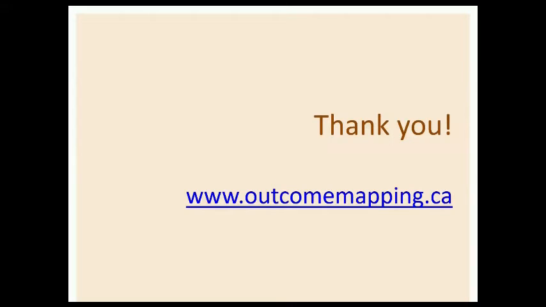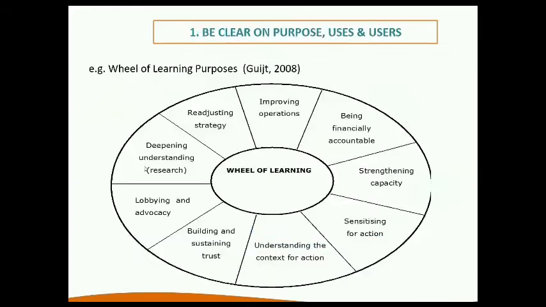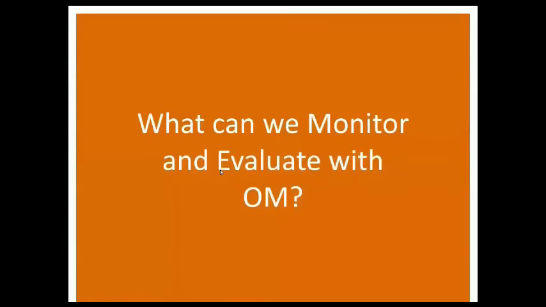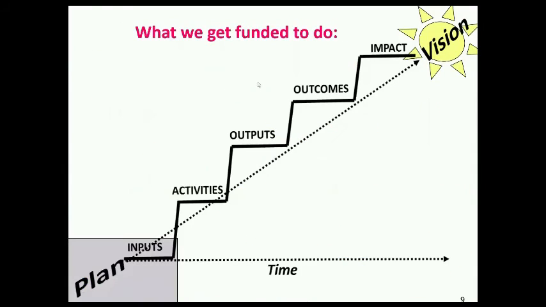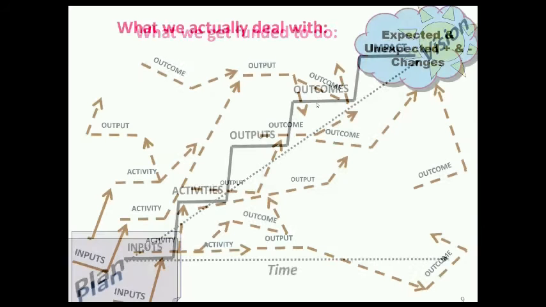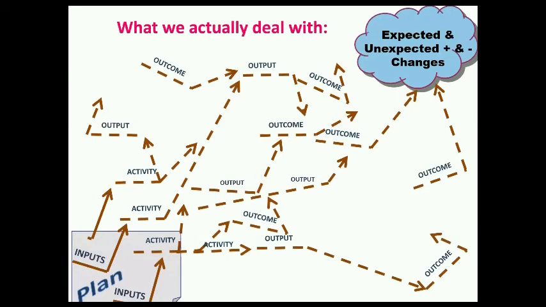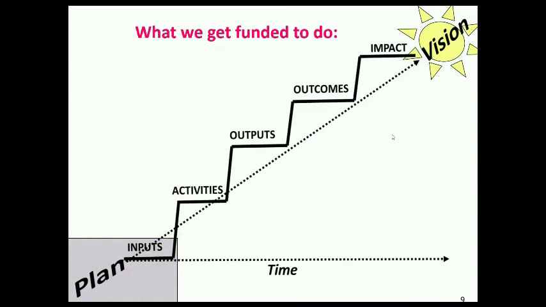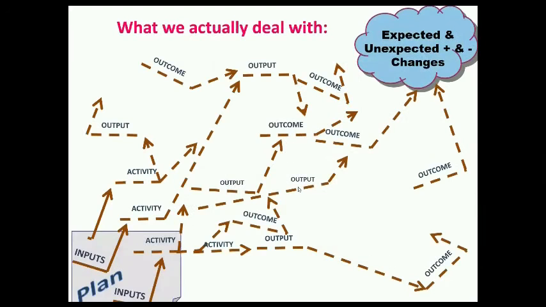Well, that's RBM, and outcome mapping is not linear thinking, as we saw from the really messy diagram of, you plan something, which is what our nice RBM framework looks like, but this is what actually happens. Eventually we saw that outcome mapping can really be a complement to this. We know where we want to go, but outcome mapping can help us really understand how this situation is happening.